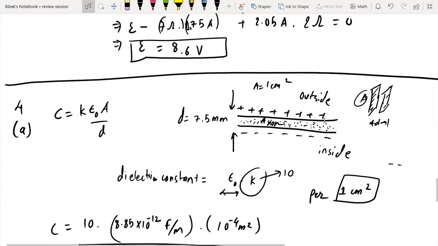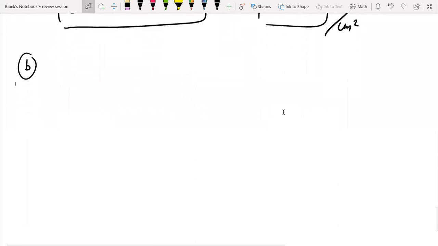A capacitor stores energy in the form of electric field. That electric field is given by the potential difference divided by the distance.